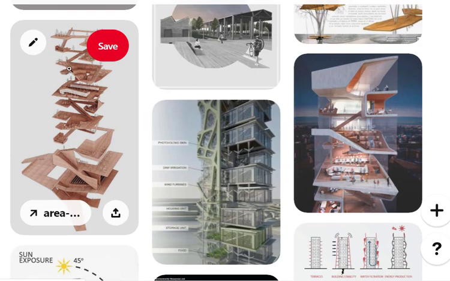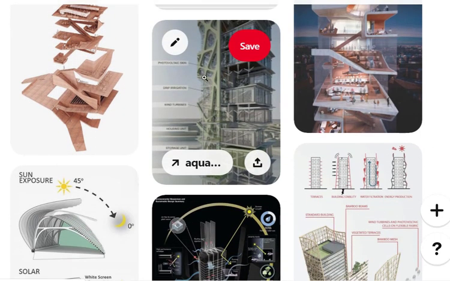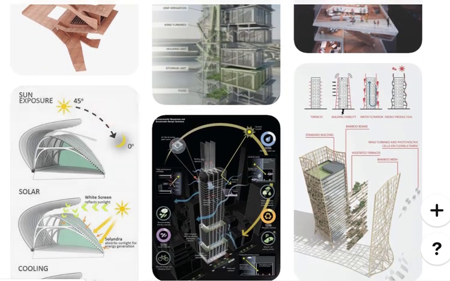And these drawings do not have to be of an entire building. They can be selected pieces of a building. And even if it is an entire building, there is very frequently diagrammatic annotation, in this case something indicating sun exposure.